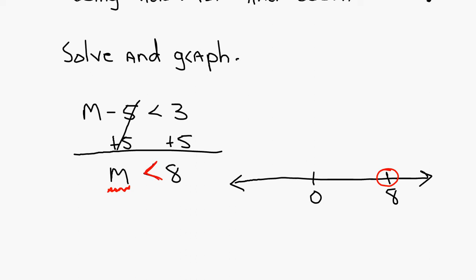So the variable is on the left, and the inequality is pointing left. So you shade to the left. That's the solution. And that is a graph of the solution. And you practiced graphing solutions yesterday. So really the only thing you're adding to what we covered yesterday was solving a one-step equation.